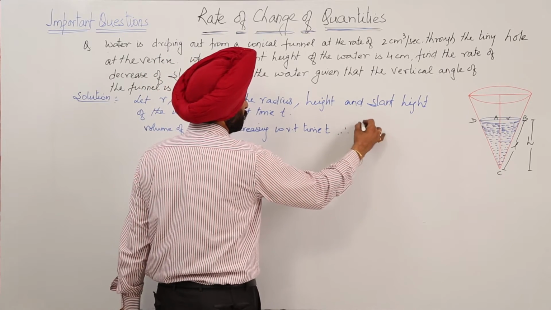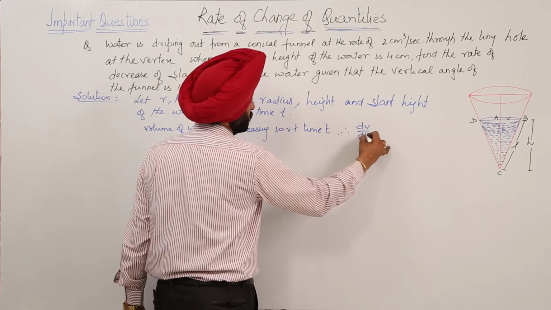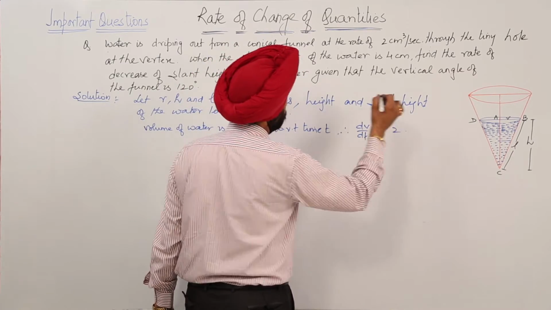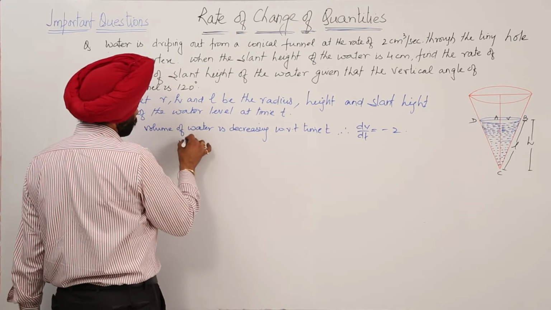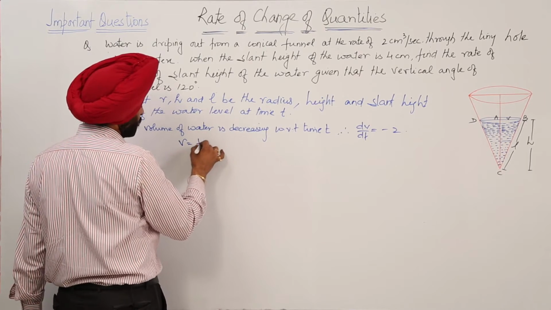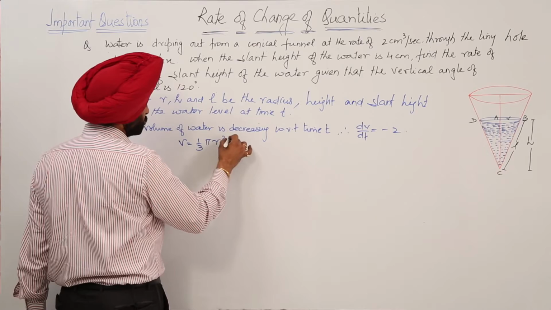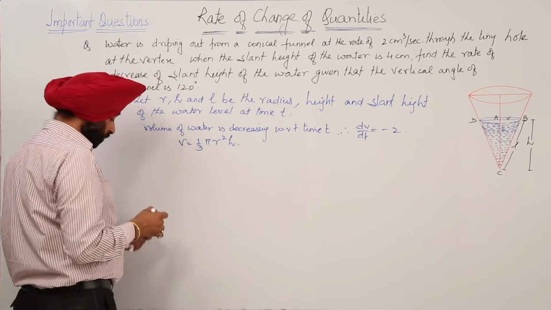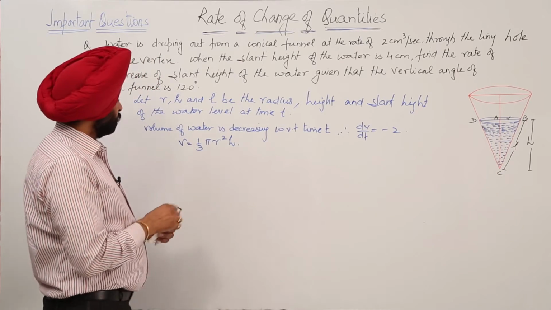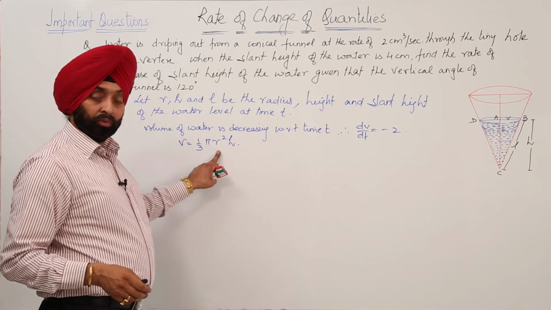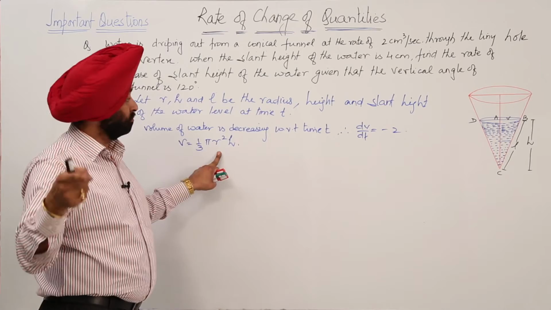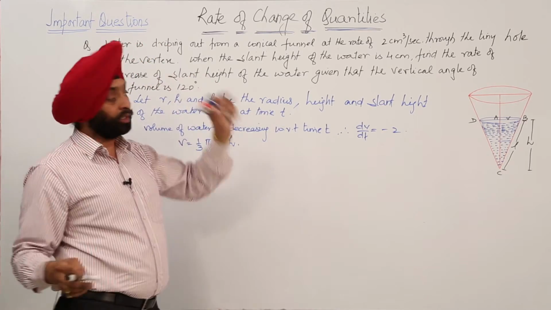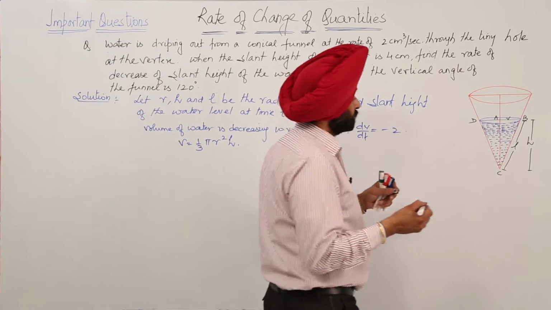Therefore dV by dt is equal to negative of 2. Okay, now volume of the cone is 1 upon 3 pi r square h. Now what we have to do? Now we have to find the value for r and h with respect to l, because we have to find dl by dt.